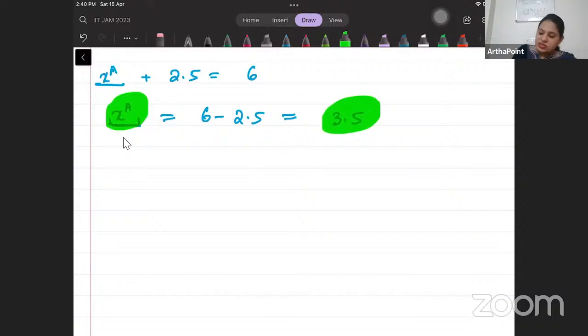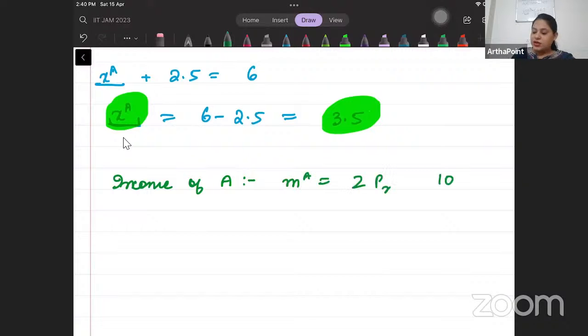Acha beta, what is the income of individual A? Income of individual A was MA which was nothing but he had 2 units of good X, 10 of good Y. So 2px plus 10py. That was it.